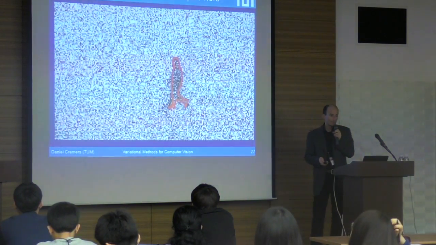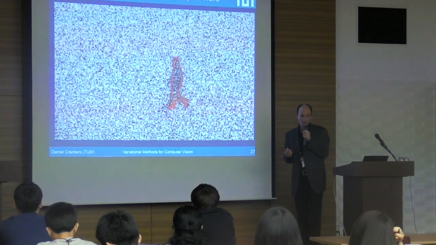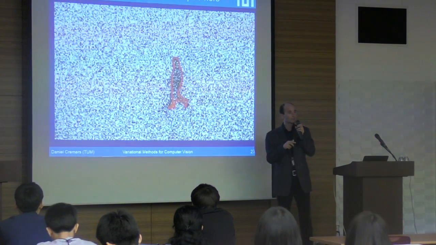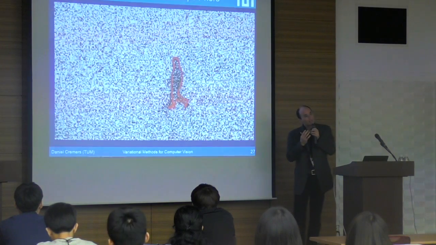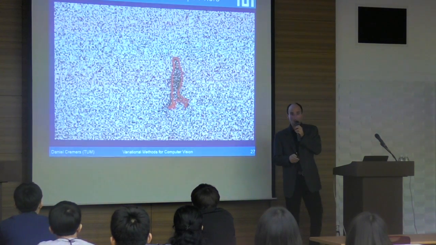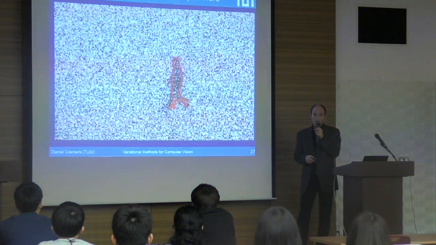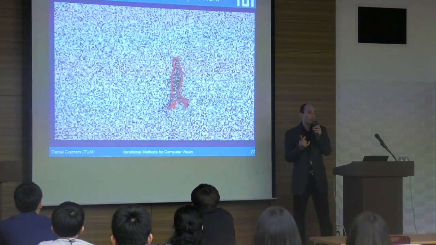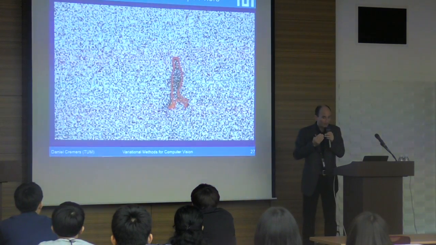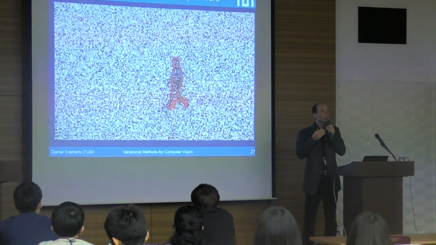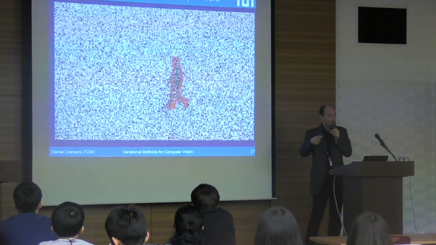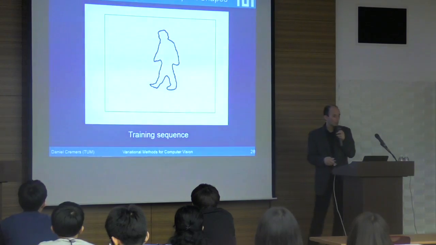And what's crucially missing is that this is knowledge about how humans look like, the silhouettes, but not about the temporal correlation across different silhouettes. And obviously what makes a human a walking person is a very particular temporal pattern of silhouettes, one after the other. So the question is, can we learn that as well?